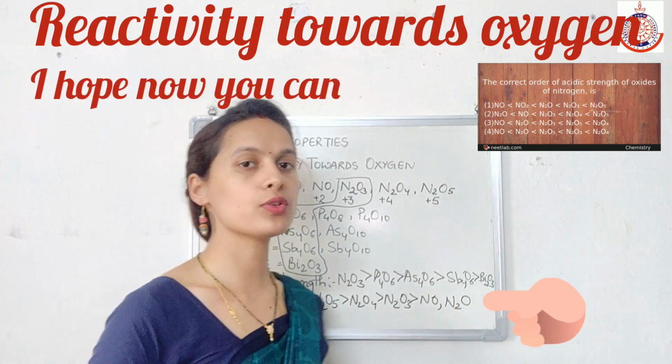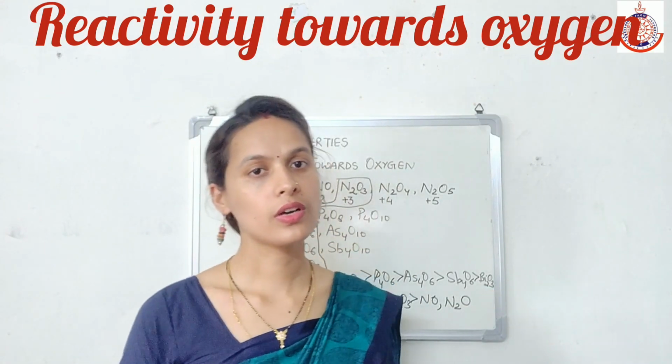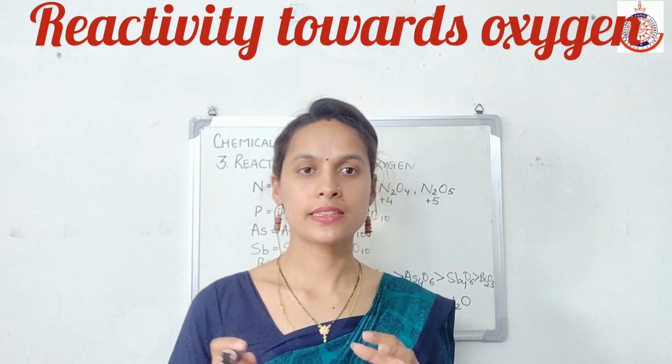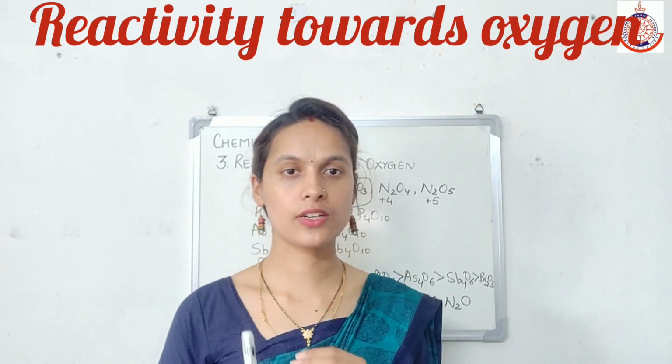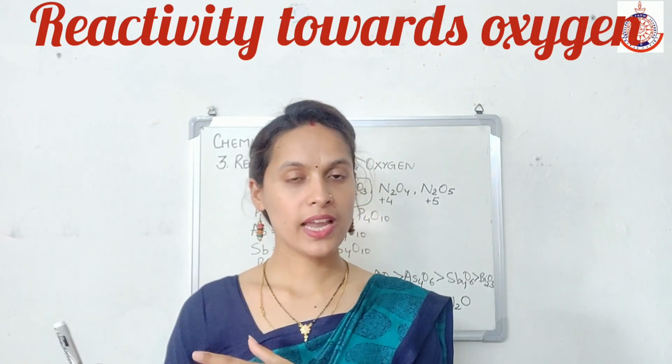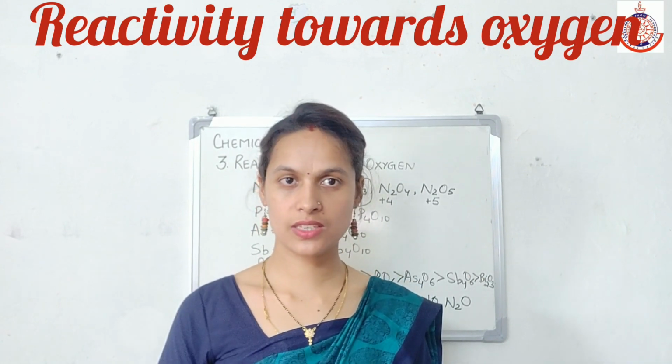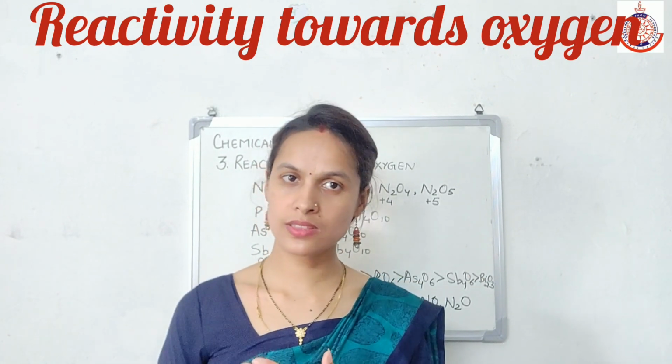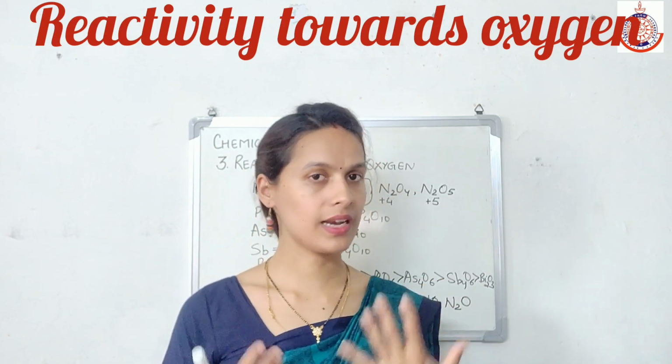So when we have to arrange the oxides of a single element, then we'll see the oxidation state of that element. The oxide which has the higher oxidation state is more acidic, whereas the others are less acidic.